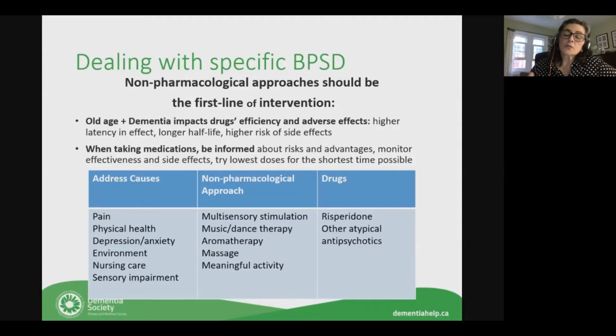And always, as a rule of thumb, try the lowest doses first for the shortest possible amount of time. And in this slide, you see some of the different issues that have a non-pharmacological approach which can be used, and at times, there are medications that are required.